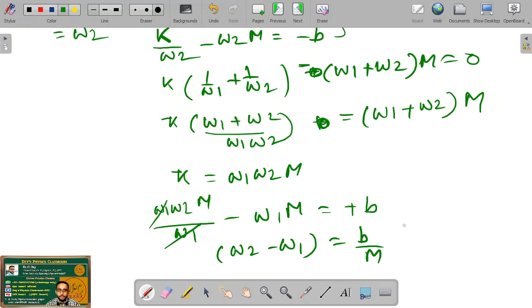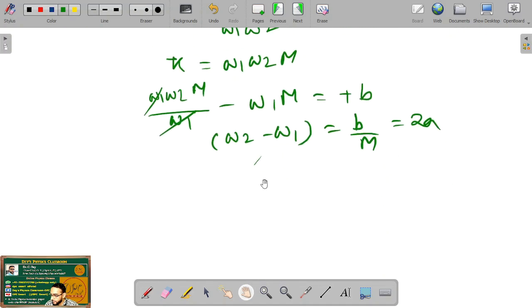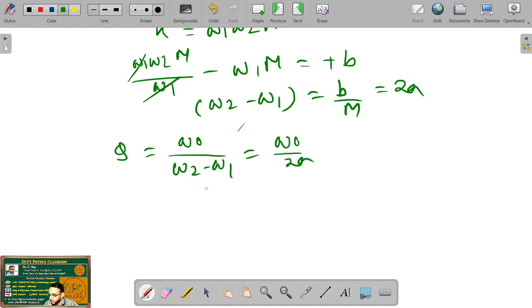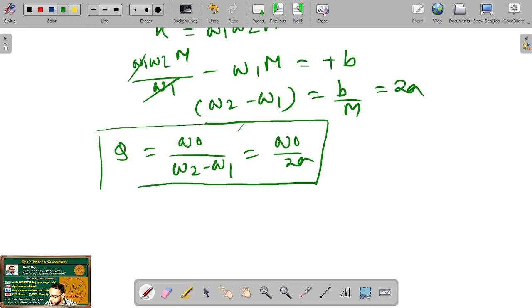In my previous video of forced vibration, we have taken B by m equals 2a. So omega 2 minus omega 1 becomes equal to 2a. If we put the value of omega 2 minus omega 1 in the quality factor, it would be omega 0 divided by omega 2 minus omega 1, that is equal to omega 0 by 2a. So quality factor is omega 0 by 2 into a.